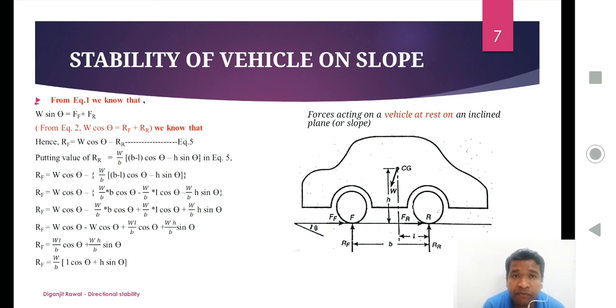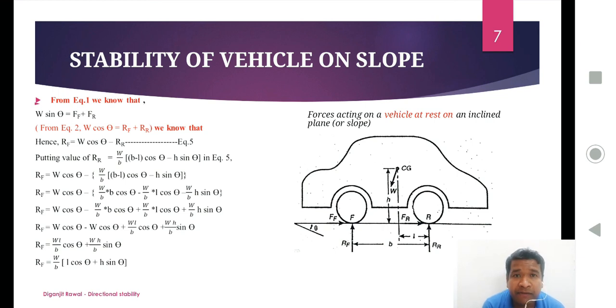That equation becomes equation number 5. So putting the value of RR, which is W by B into whole bracket B minus L cos theta minus H sin theta, in equation 5, it becomes RF is equal to W cos theta minus whole bracket W by B into B minus L cos theta minus H sin theta.